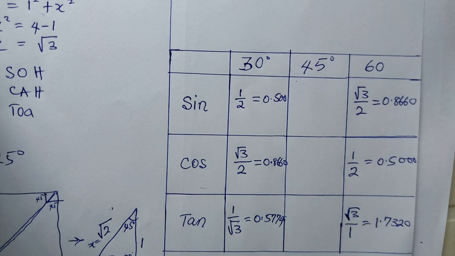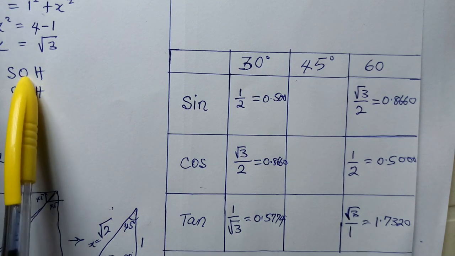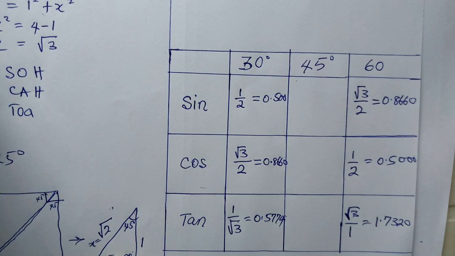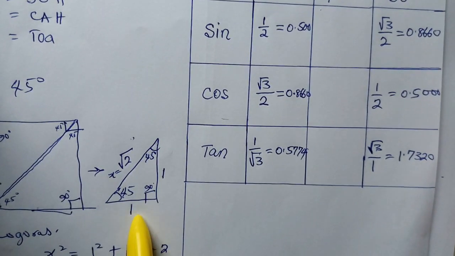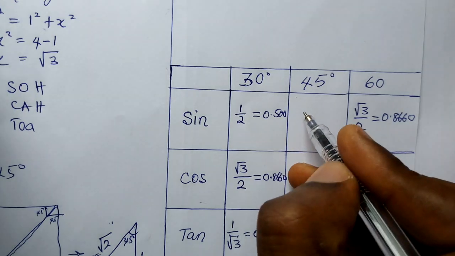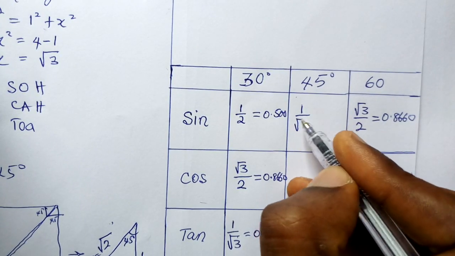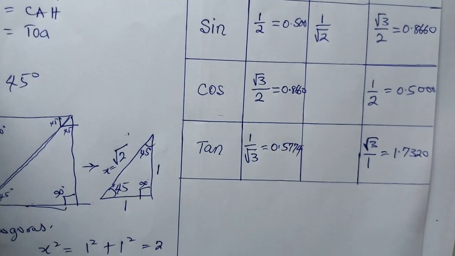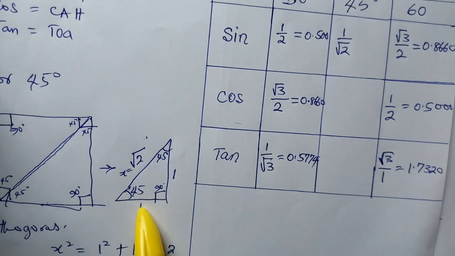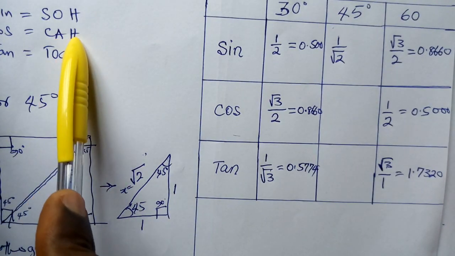So you now say sine 45 degrees is opposite over hypotenuse. Opposite to this one is 1, and hypotenuse is this. So it's 1 over root 2. Cos is adjacent over hypotenuse.